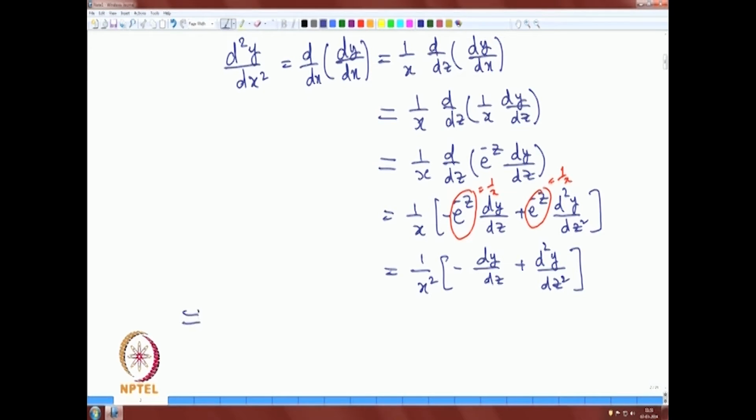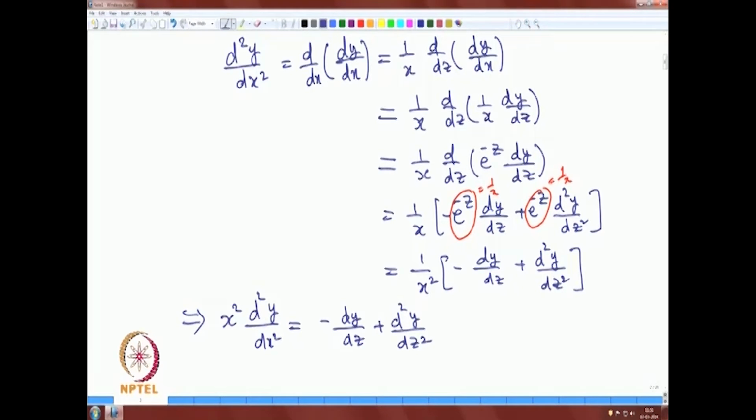This implies that x square into d square y by dx square is equal to minus dy by dz plus d square y by dz square.